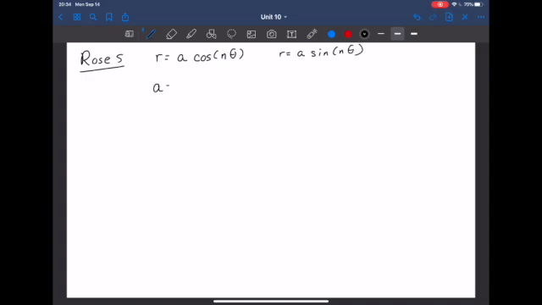And what a will do is going to be the max length of r, I guess absolute value of a, just to be clear, which is the same as the length of a petal.